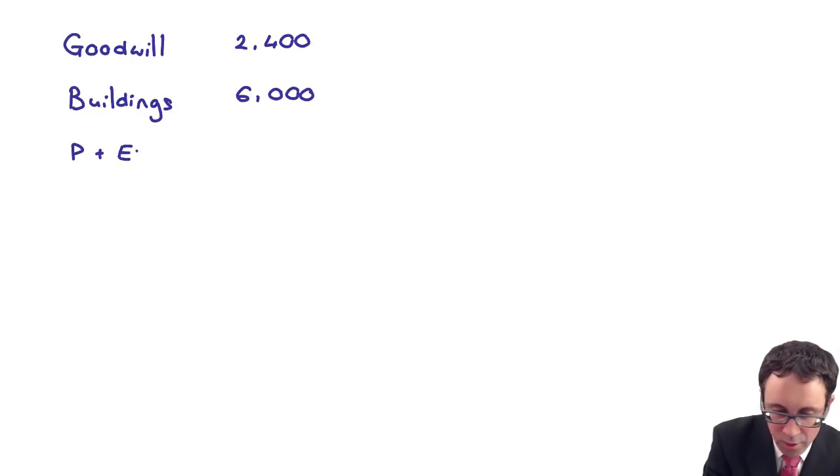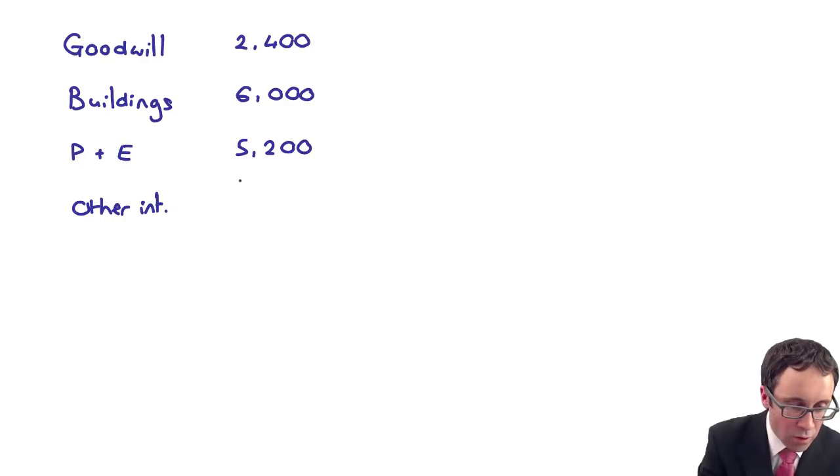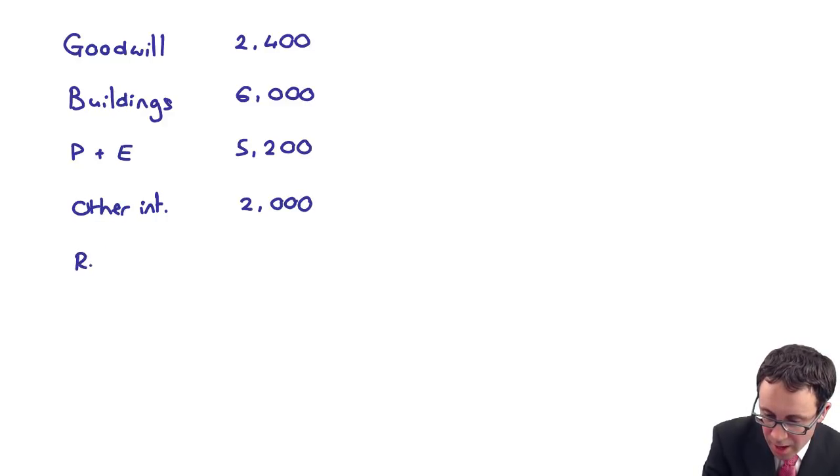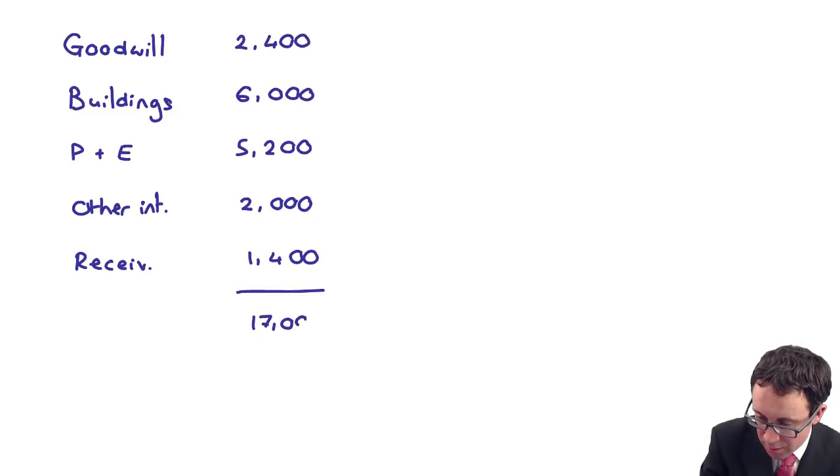The plant and equipment are at 5,200. The other intangibles away from the goodwill are at 2,000. And then you have your receivables and cash at 1,400. So that brings us to 17,000.